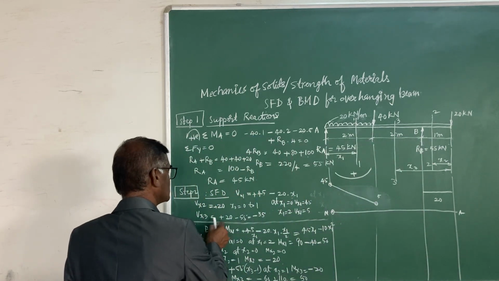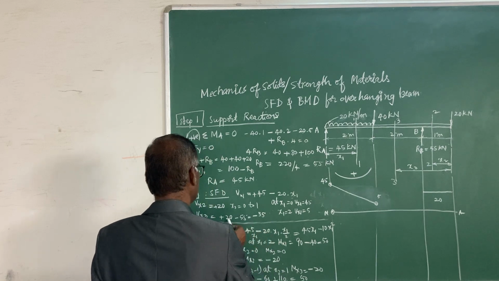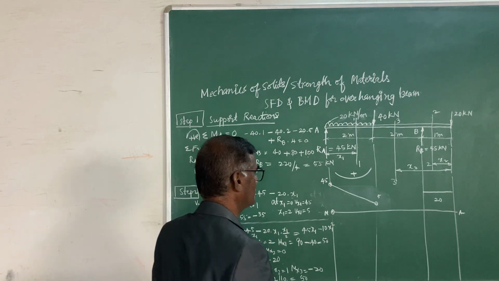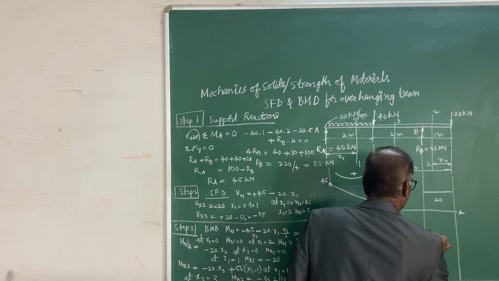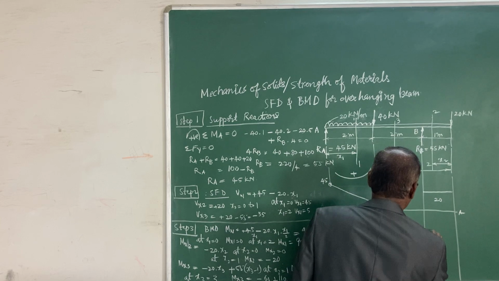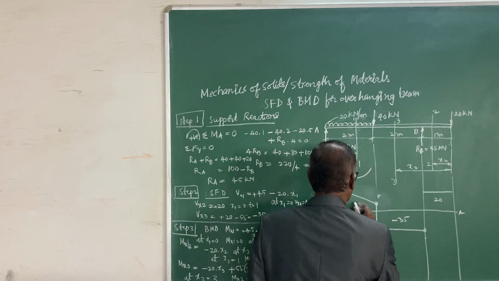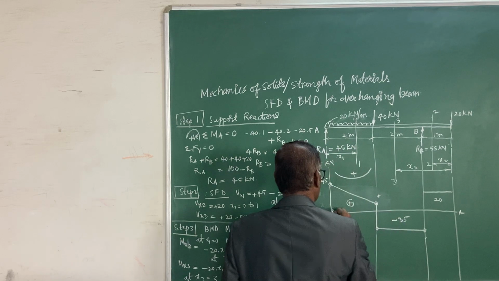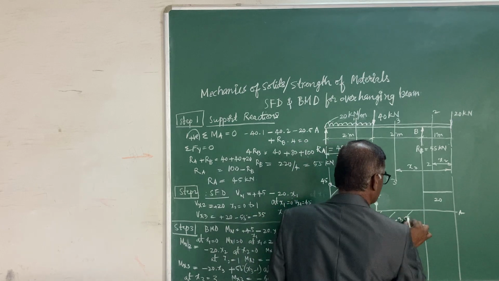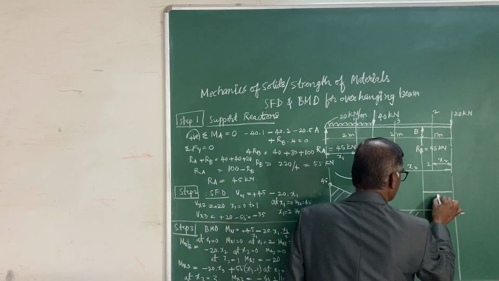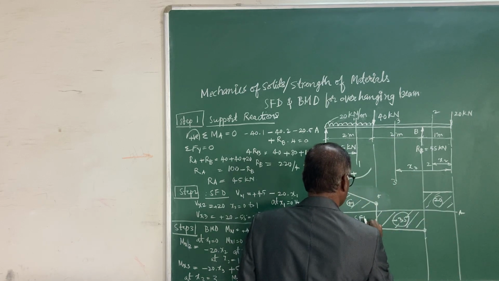And Vx3 is 55 minus 35, so it goes down to minus 35, which is constant, minus 35. This is plus and this is minus. This is your SFD.